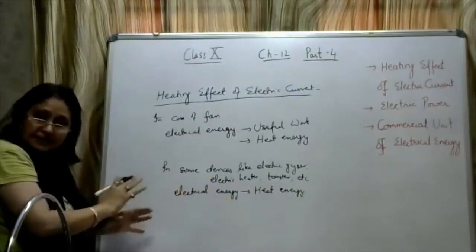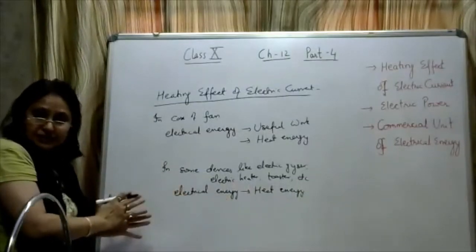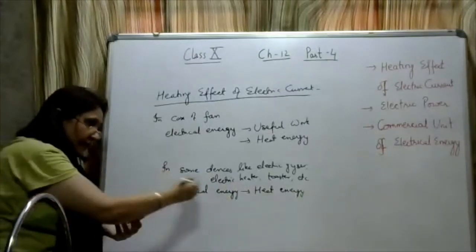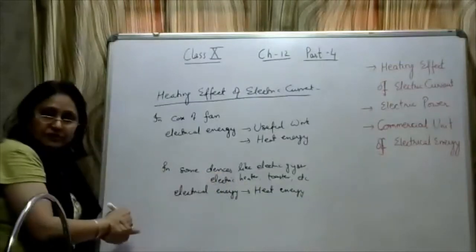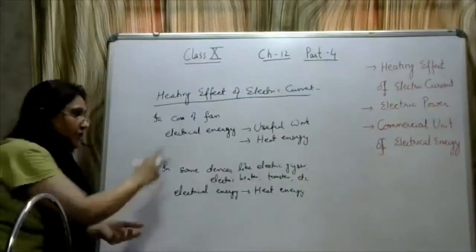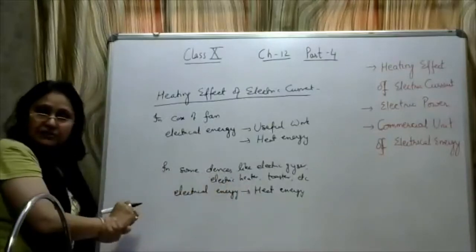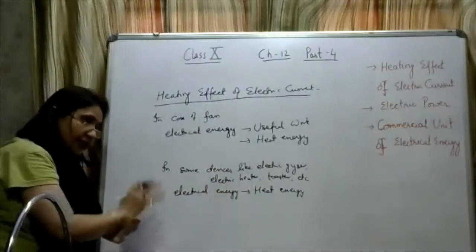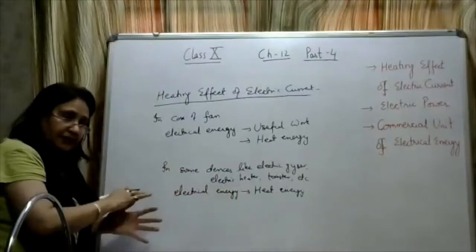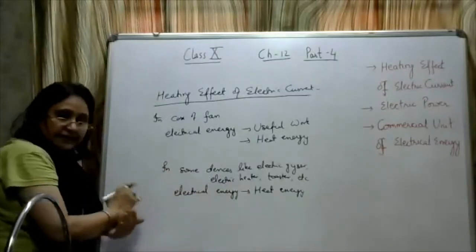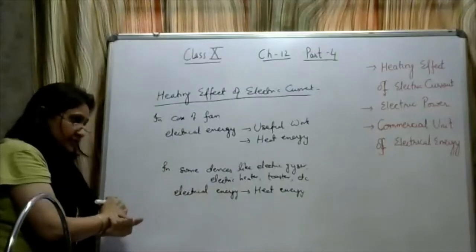That is, the circuit is a combination of some resistances. So whenever there is some resistance of a conductor and the current flows through it, the electrical energy gets converted into heat energy. Here it is undesirable. But here the whole of the electrical energy has to be converted into heat energy. And this is only possible when it is a combination of the resistances in the circuit. That is, the circuit is purely resistive.